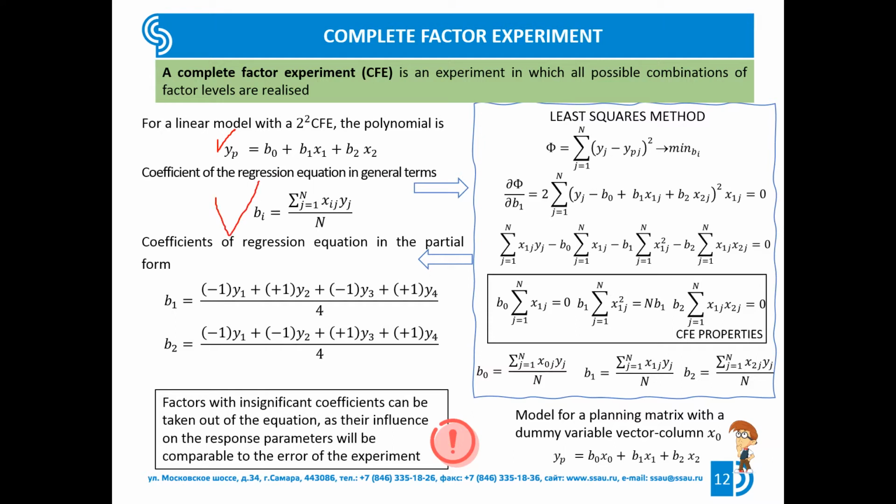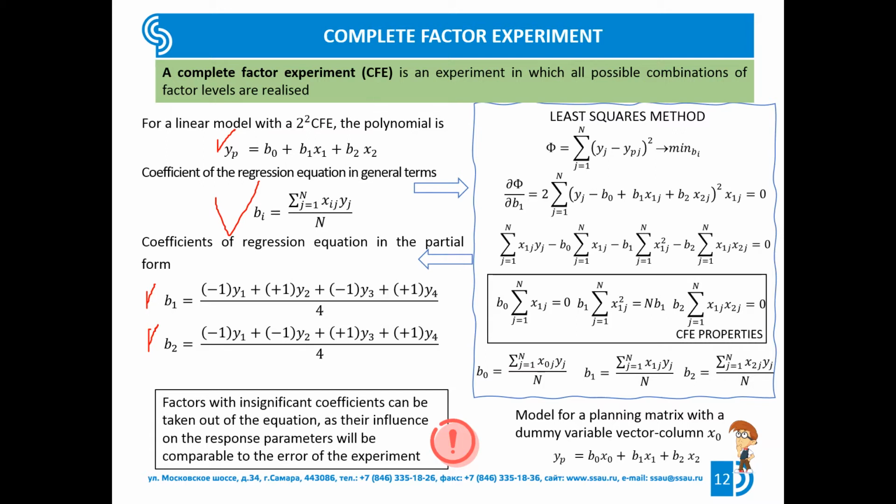According to the planning matrix of the experiment, we obtain the coefficients in the partial form. Consequently, any coefficient in the regression equation is determined by the scalar product of column y_j by the corresponding column x_ij. Similarly, coefficients are determined if linear interactions are considered in the regression equation.